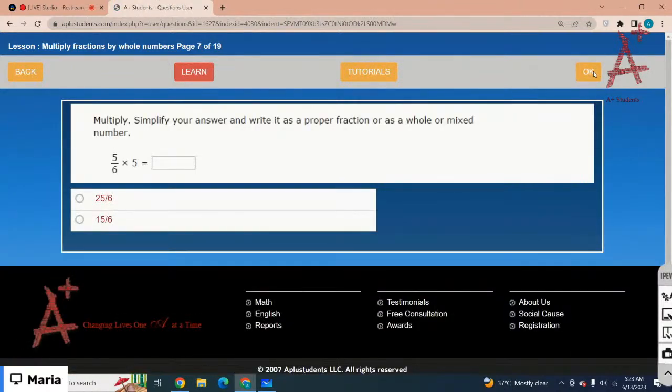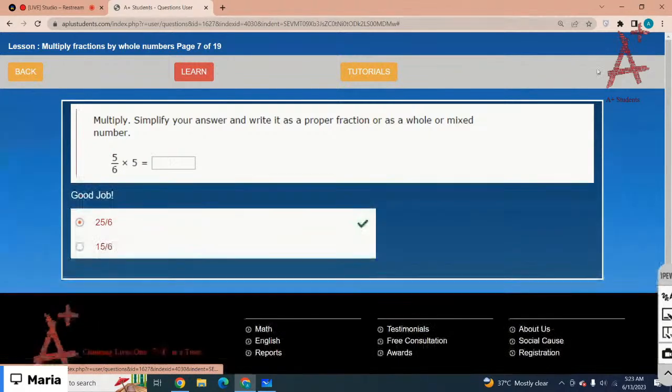Okay, the next one is 5 over 6 times 5. So which is the correct option? It would be, very good, 5 times 5 makes 25. So that would be 25 over 6.